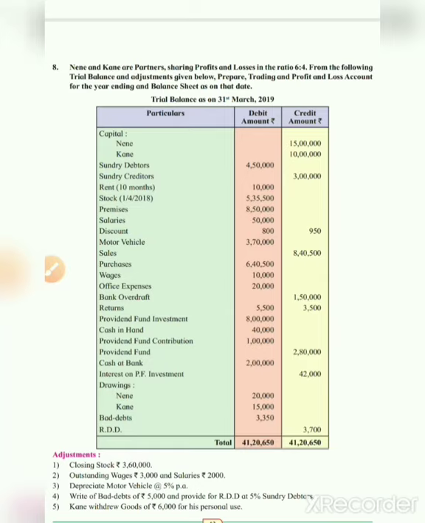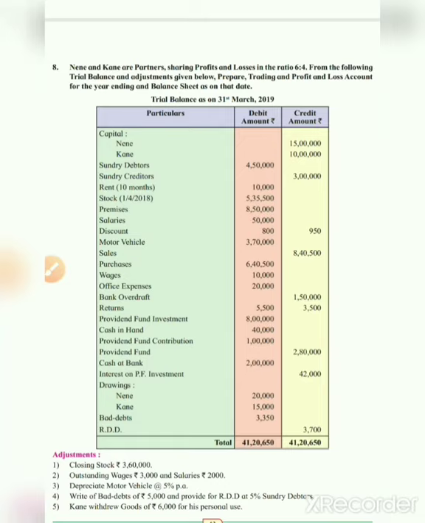See, we have written bad debts, that is all bad debts as per trial balance 3,350. Now as per adjustment we will add the new bad debts of rupees 5,000. The total amount will be written on inner column, that is 8,350. We have the new RDD. Now add it in this amount, 8,350 plus 22,250 amount of new RDD.